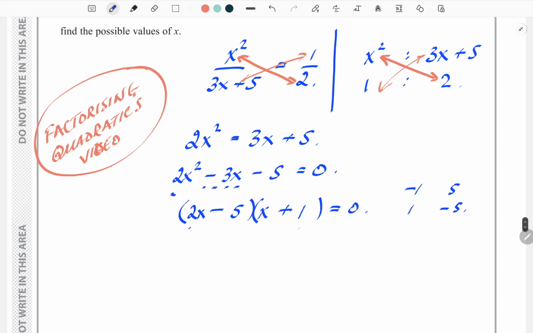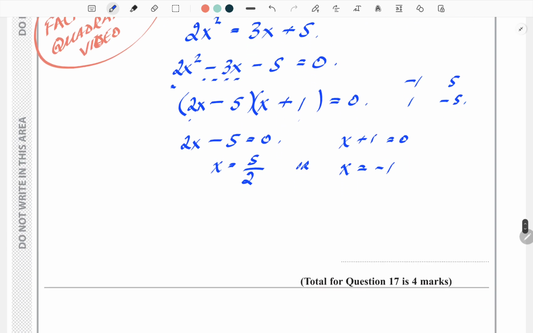So if that's the case, then we have 2 statements. 2x minus 5 equals 0, so x equals 5 over 2, or x plus 1 equals 0, so x equals minus 1. I hope that's fairly self-explanatory.